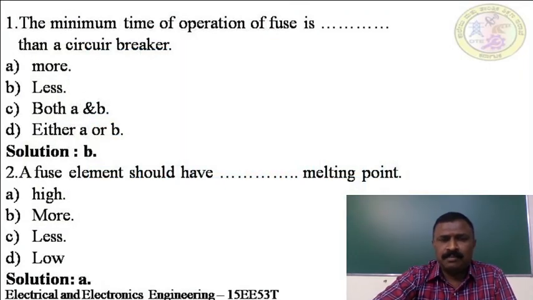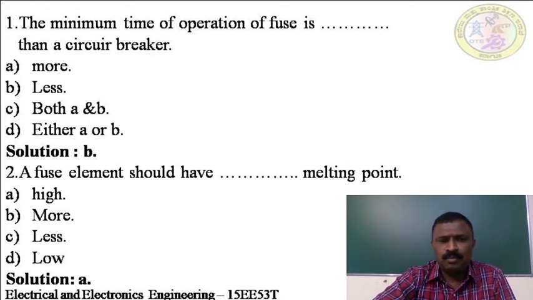So we will take some simple multiple choice questions. Question number 1 is like this: the minimum time of operation of a fuse is dash than a circuit breaker.